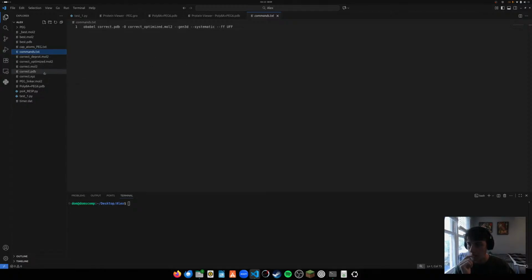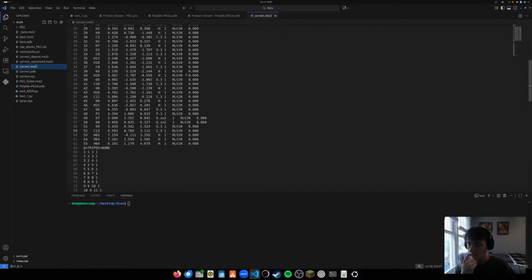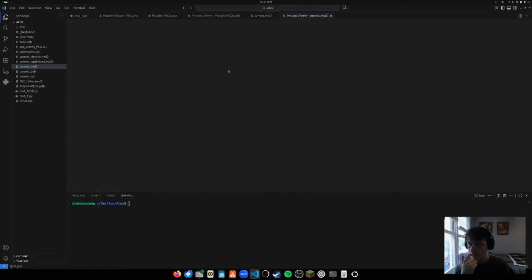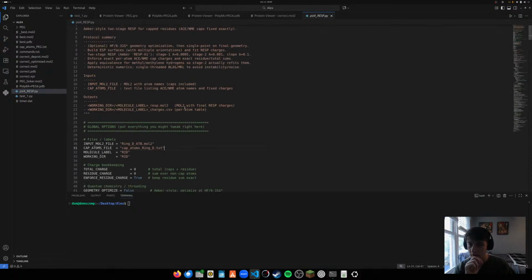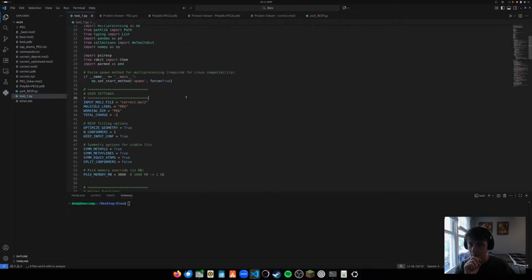Let's see. Correct mol2. Yeah, I think this is it. So then we put this into our program right here. I don't know what the charges of the caps should be, so we're not going to do a restrained charge fitting.